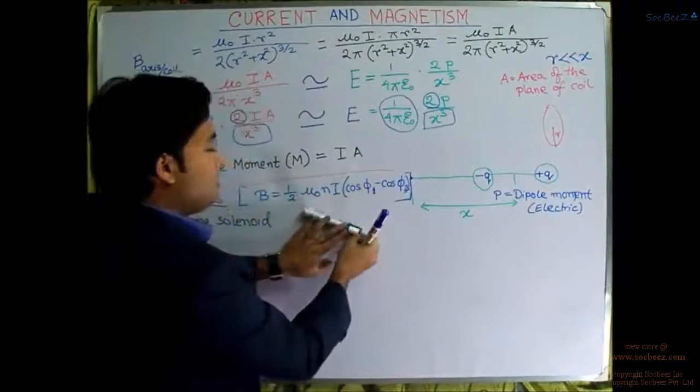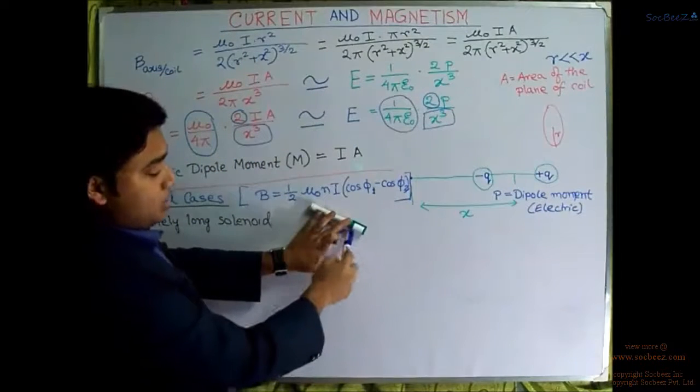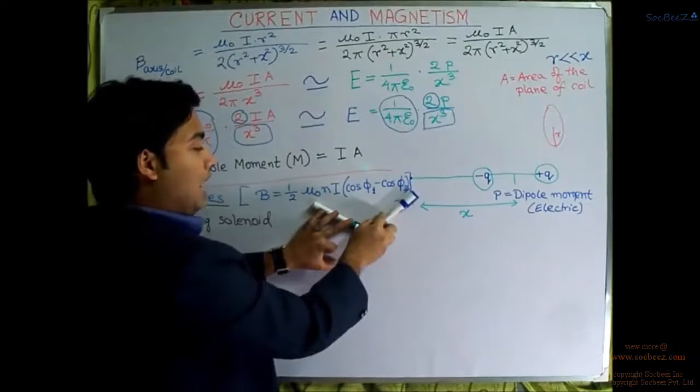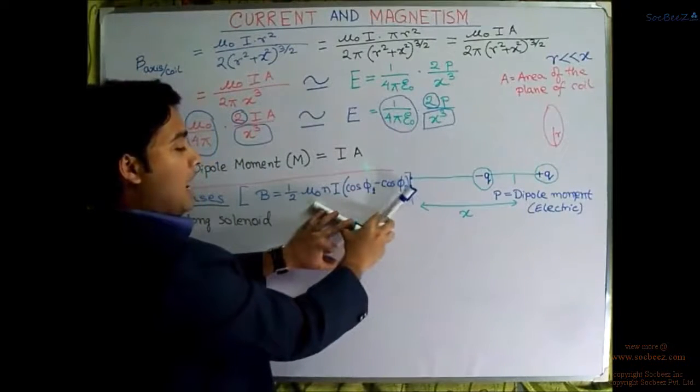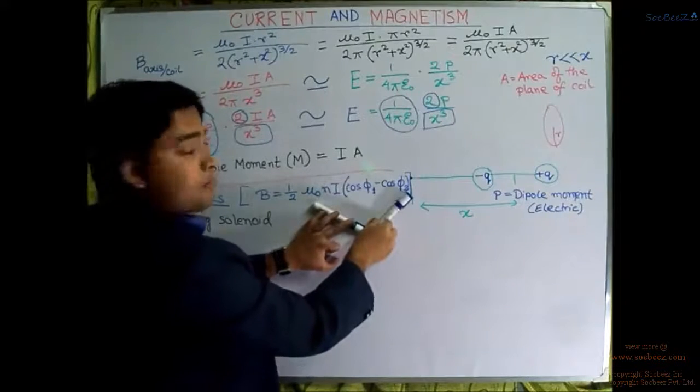Say for example, this line indicated phi 1 where the angle was on this side, and phi 2 where the angle was from the entire, from this to the entire, right?